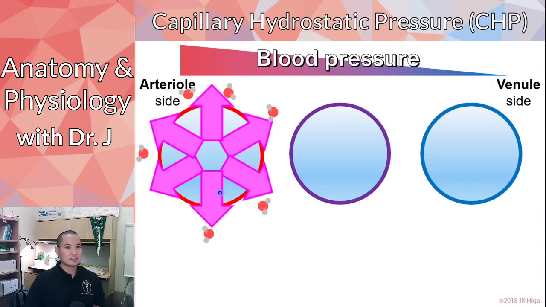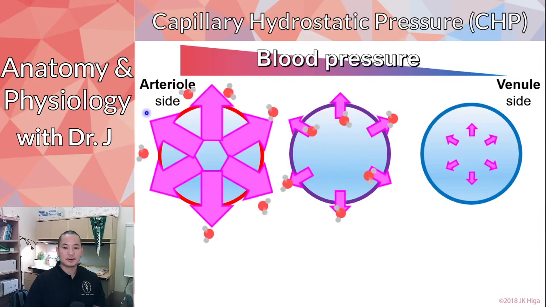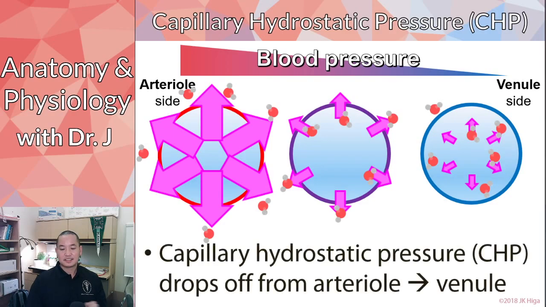So what happens to this capillary hydrostatic pressure is that as you go from the artery side toward the vein side, this CHP, this pressure, drops off. So as you go from the arterial side to the venule side, you'll force less and less water because this capillary hydrostatic pressure drops off. So again, this is an important concept, that the capillary hydrostatic pressure does not stay the same throughout a capillary. It actually tapers off the further you go from the arterial side to the venule side.